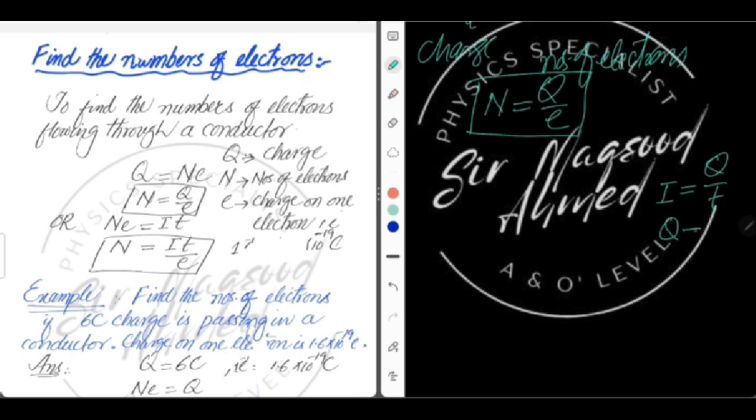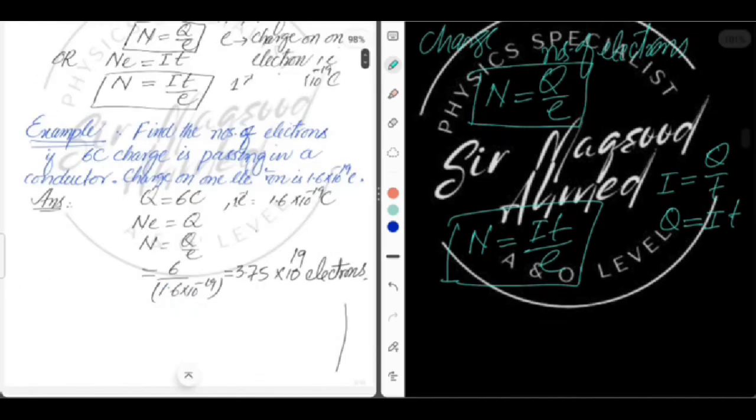From this, if we want to find Q, Q = I × T. If we put the value of Q in the above formula, we have N = IT/E. This is another formula to find the number of electrons if current is given, time is given, and charge on one electron is given.